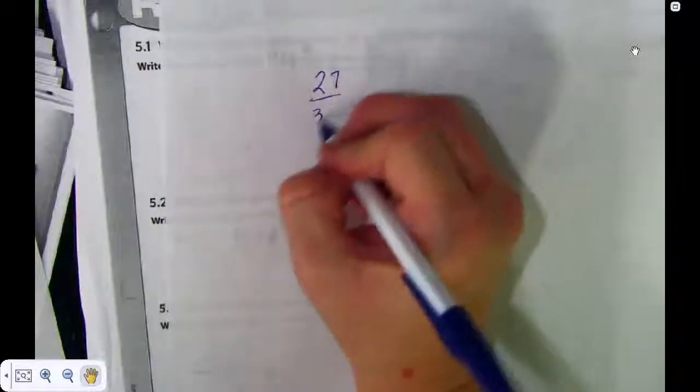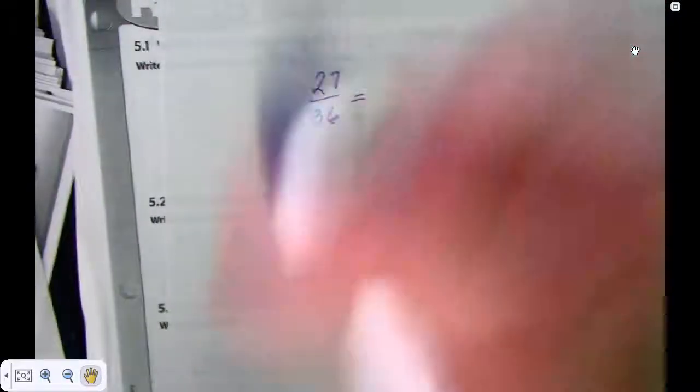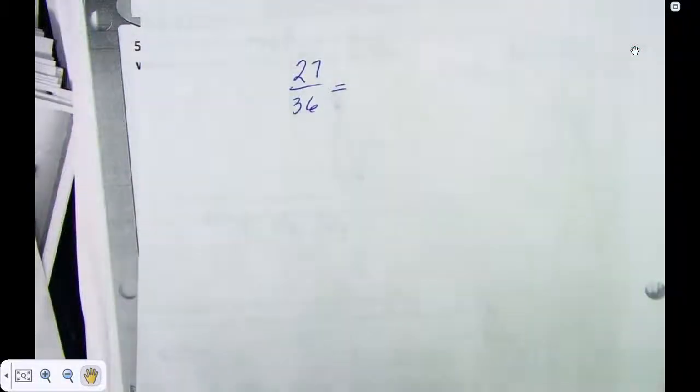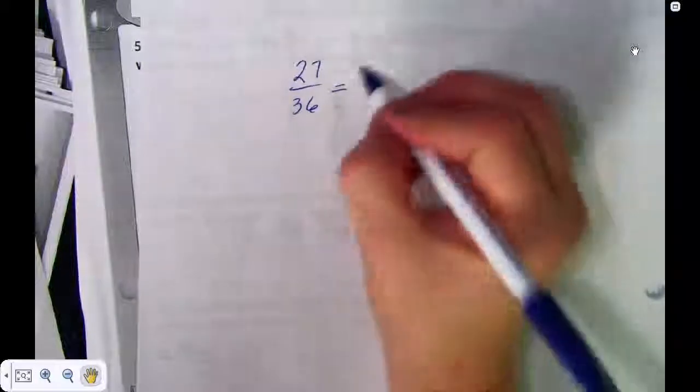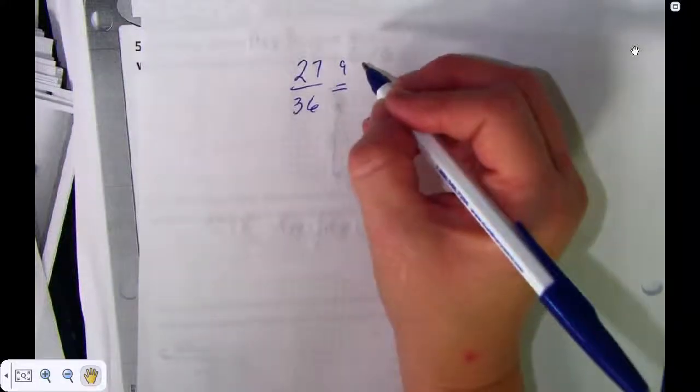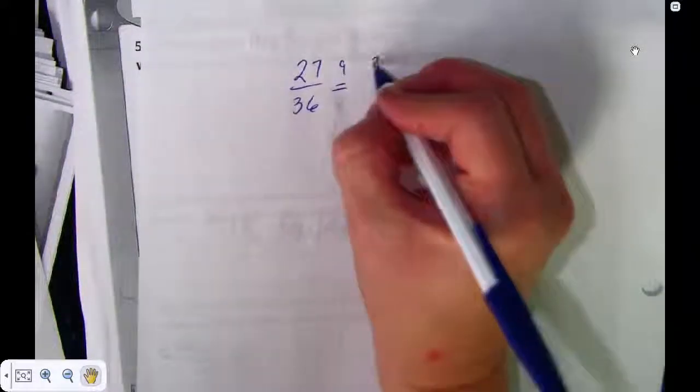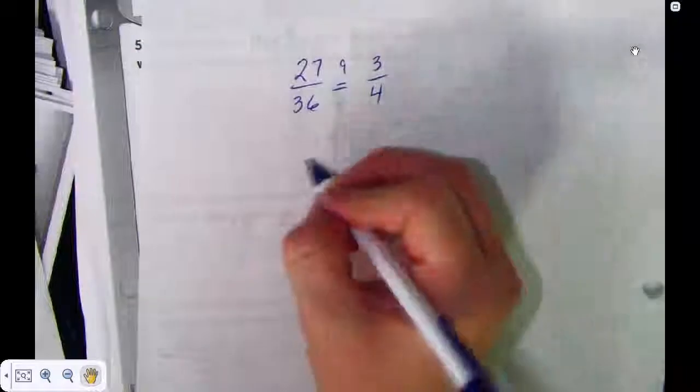Everybody just look up here real quick. What would I reduce that to? What goes into both of those? So you're thinking those are multiples of 9. So 3 over 4. Good job.